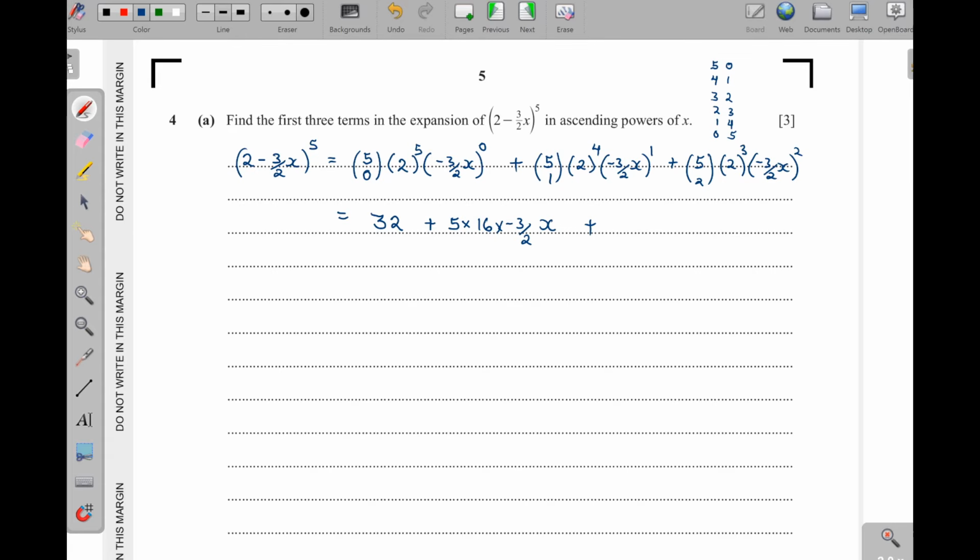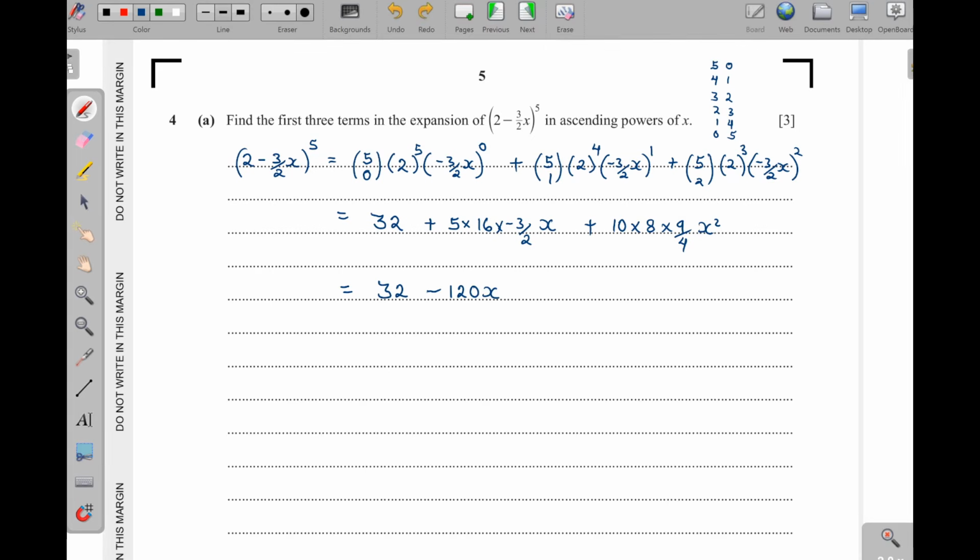And then 5 combination 2 is 10, then times 2 cubed is 8, then times this one squared, we shall have 9 over 4, then x squared. And then finally we get 32. Then this one goes into here 8 times. You get it? And then 5 times 8, that is 40. 40 times 3, that is 120. So we shall have negative 120 of x because of this.